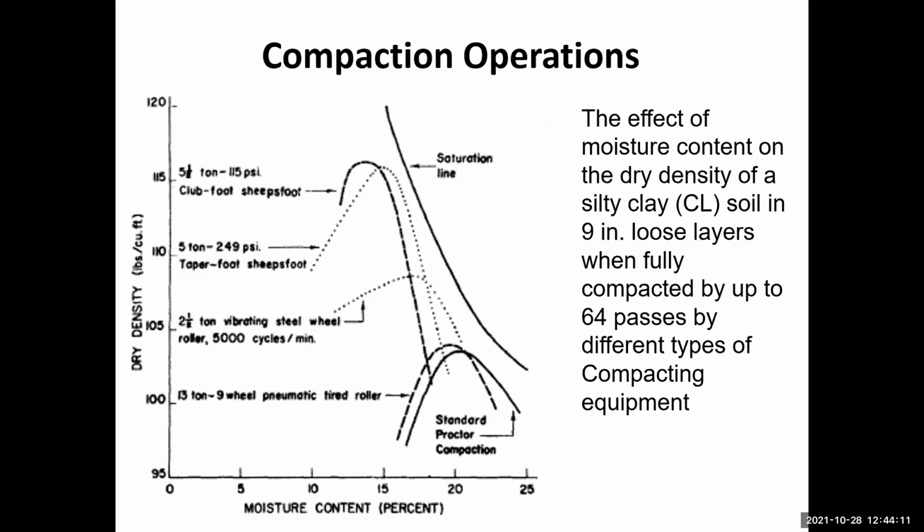Therefore, choosing and using the appropriate type of equipment is very important. In this case, the pneumatic wheel tired roller may be very useful because it may provide a curve much closer to the standard Proctor test.